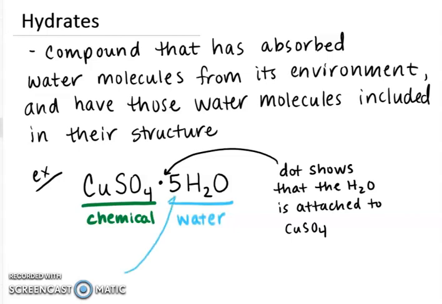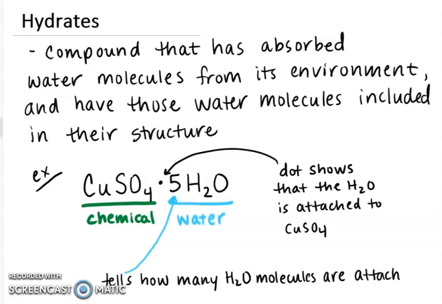So that number 5 tells us how many water molecules are attached. So this compound that's a hydrate is copper sulfate pentahydrate. Penta comes from the number 5.